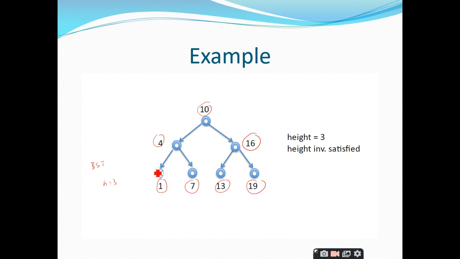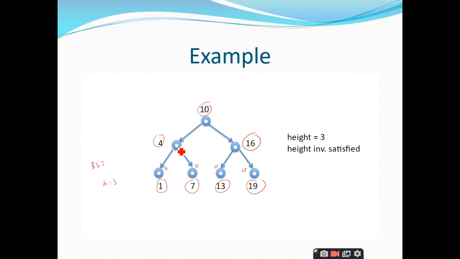No, sir. So the height of the left child is 0. And does it have any right child? No, sir. Therefore the height of the right subtree is 0. So 0 minus 0 is 0. Similarly, you can remember that all the leaf nodes will have the balance factor as 0. Nothing to discuss in it, right?